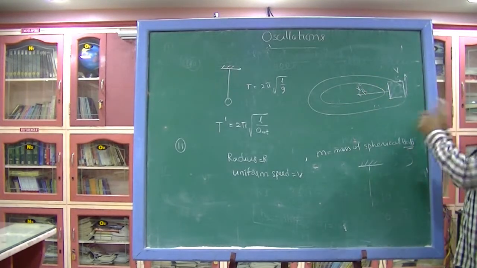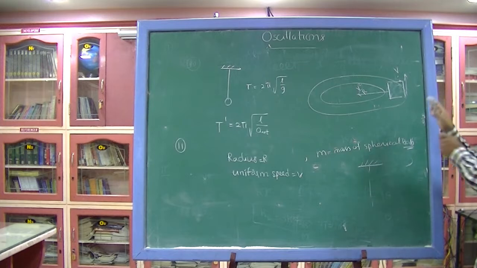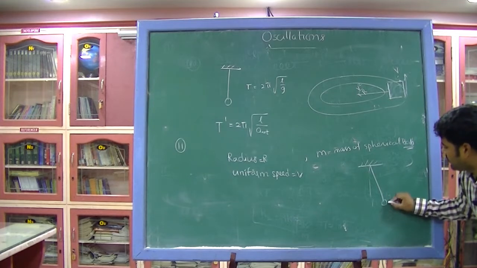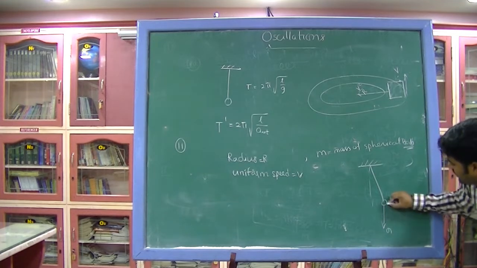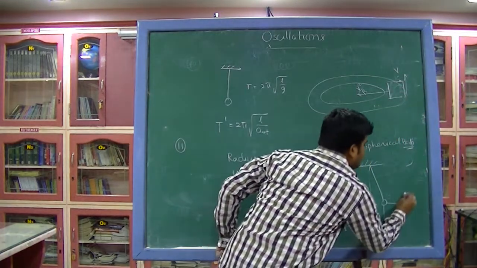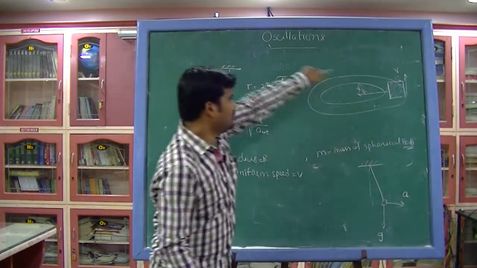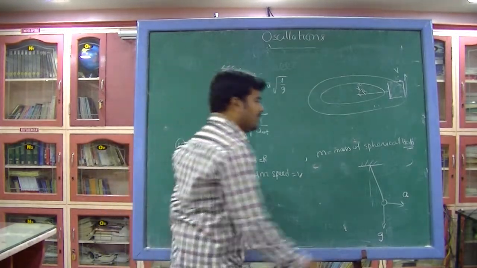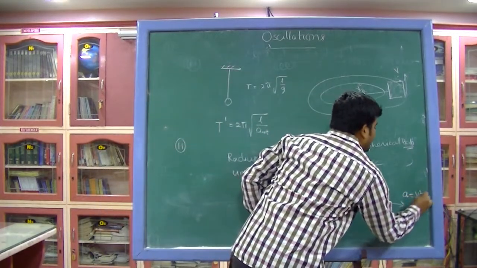The same acceleration will be experienced by the pendulum, in the direction away from the circular path. So, this will be the situation. This is g, and this is the acceleration due to the motion of the car in the circular path with constant speed, that will be v square by r.